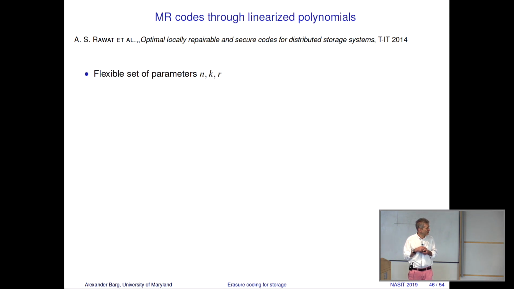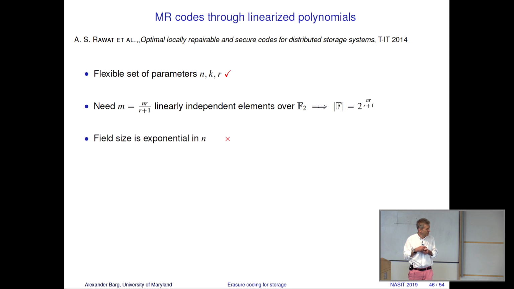Constructions through linearized polynomials. But once you go to linearized polynomials, rank distance codes, Gabidulin type codes, then the field size is immediately exponential. While the constructions are nice and transparent, they don't quite rise up to the challenge.